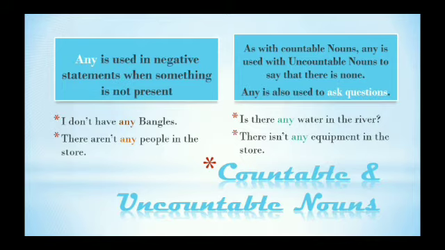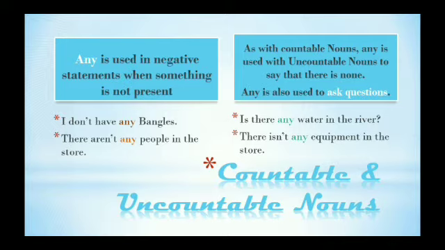Now, let's look at the examples given along with uncountable nouns. Is there any water in the river? Here, in order to ask a question, we have used any. Second example, there isn't any equipment in the store.